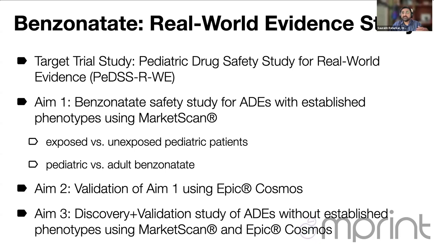So here we're looking at EKG changes and respiratory disorders, but also trying to identify other ADs that have not been identified yet. So together, these three aims help us cover the full spectrum from looking at validated phenotypes in commercial claims, replicating those findings in EHR data, and then also looking for previously unidentified ADs.